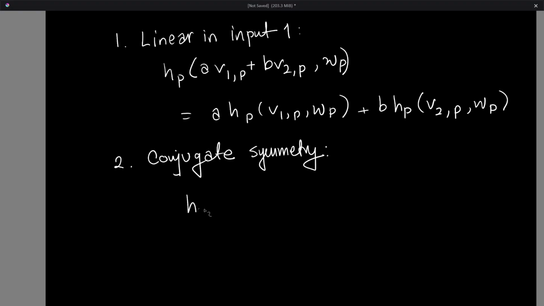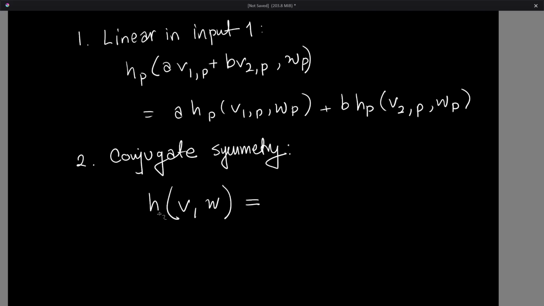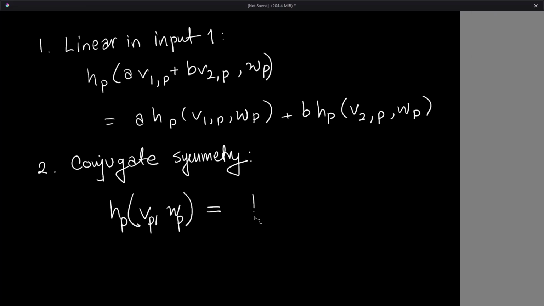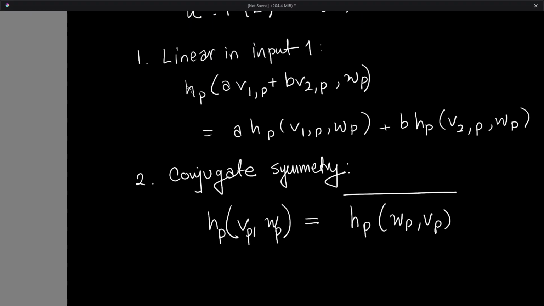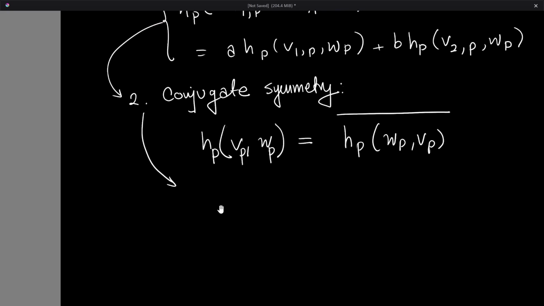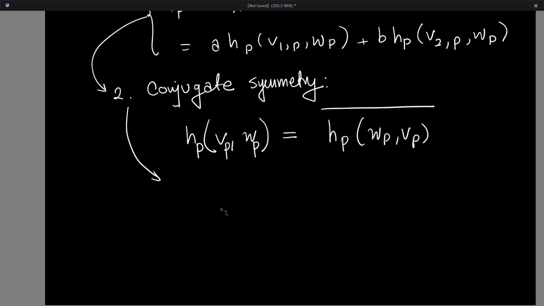So H of VW, or I wrote it like this, HP of VP WP is equal to HP of WP VP, but you have to take the complex conjugate of the whole thing. If we add this axiom to the linearity property, then what we get is something called conjugate linearity.